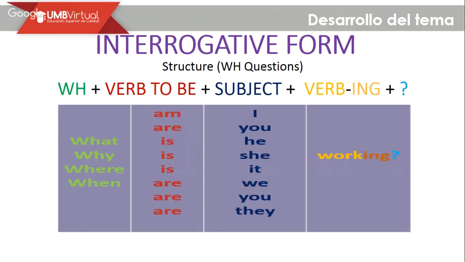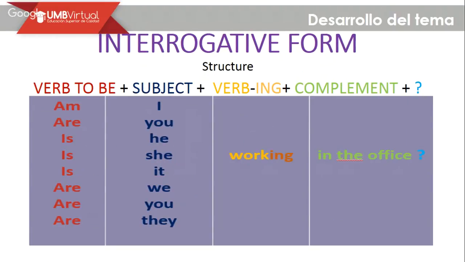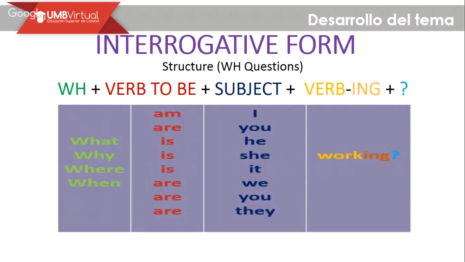Now, if we have a WH question, that is the structure in which we have to ask for specific information, not questions that you can answer saying yes or no. But if you need more information, we are going to use these kinds of questions. WH, what, that in Spanish translates qué, why, por qué, where, that translates dónde, and when, that translates cuándo.